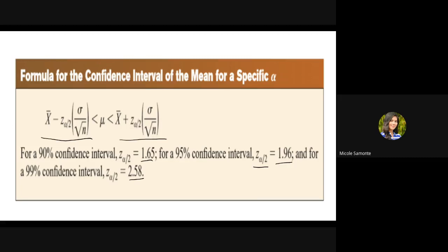Again, the z-test is used when the population standard deviation is given and the sample size is greater than or equal to 30.